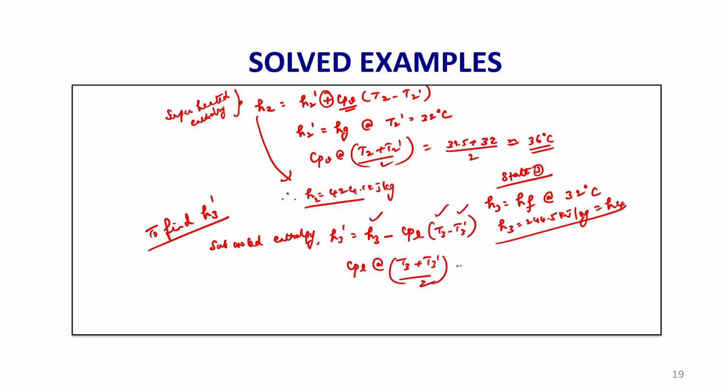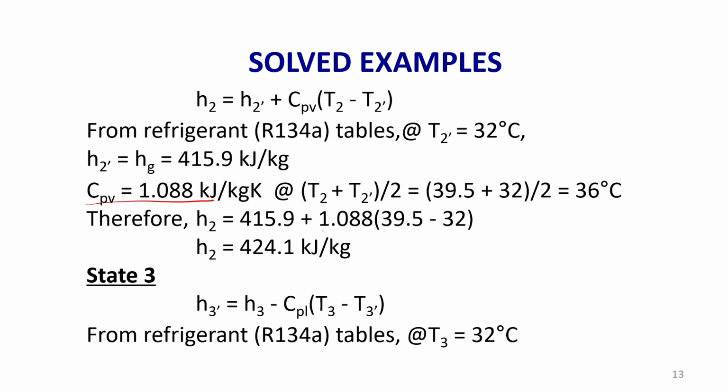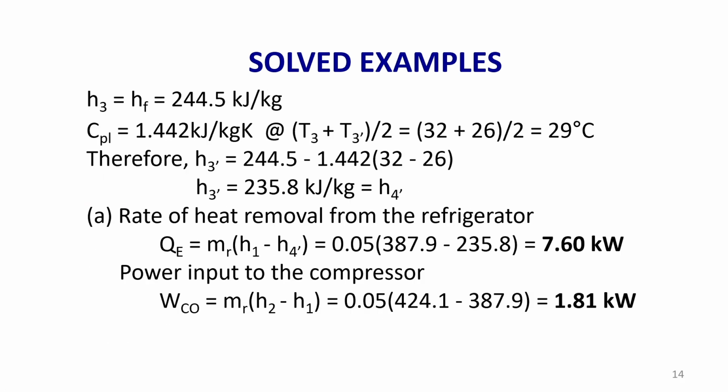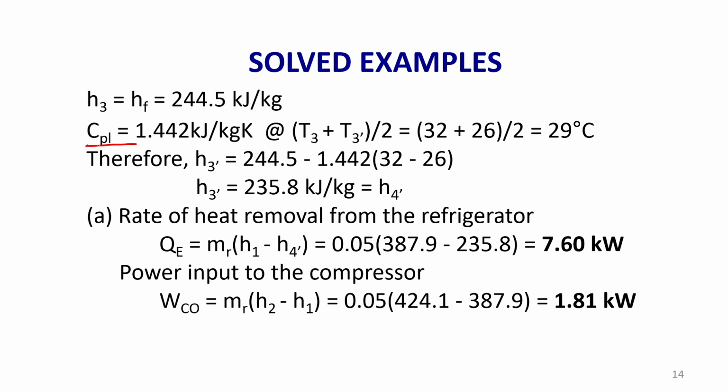T3 is 32, T3 dash is 26, divided by 2, that is 58 by 2, which is equal to 29 degree centigrade. Corresponding to 29, I have taken the Cp of liquid as 1.442.